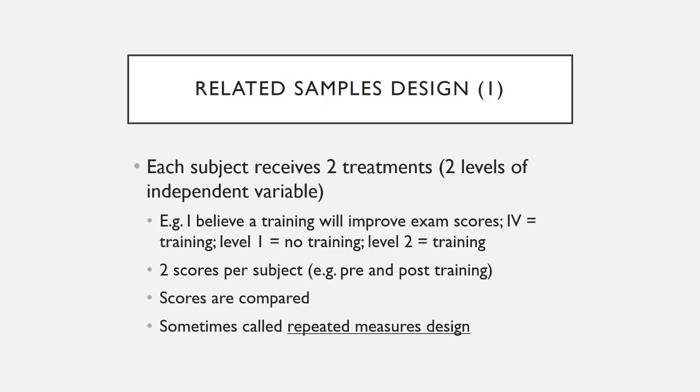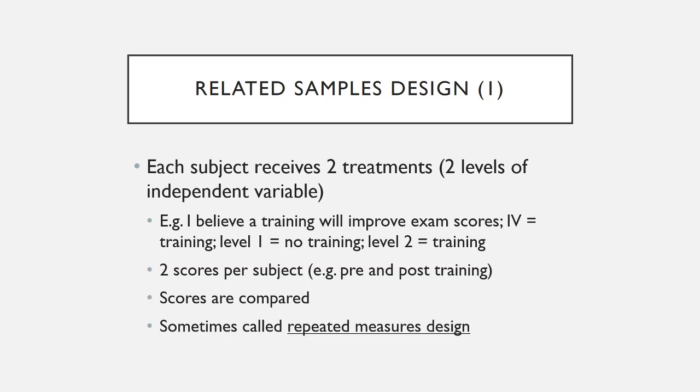This is going to be useful when you think people might have pre-existing differences in levels of the outcome. I might naturally assume that some students were going to be better on the exam just at baseline. If I want to make sure that those baseline differences don't confuse my interpretation or analysis or limit my likelihood of finding results, what I can do is just compare everyone to themselves.